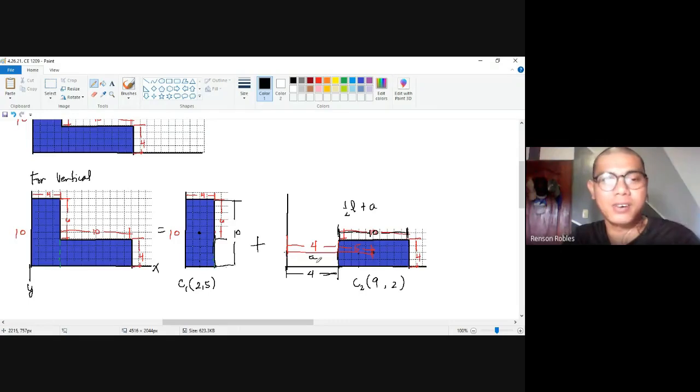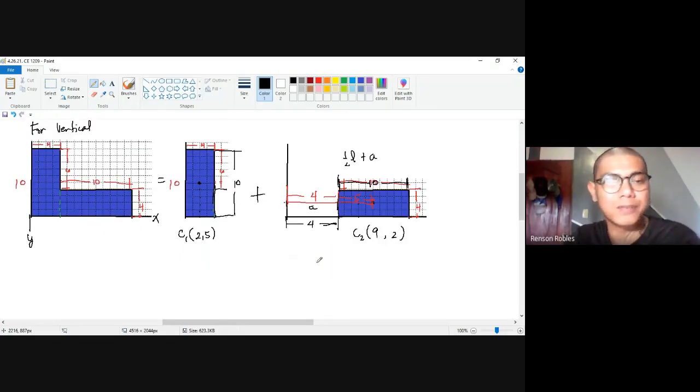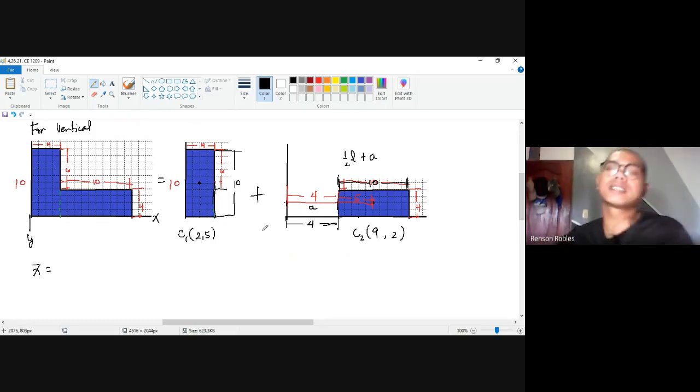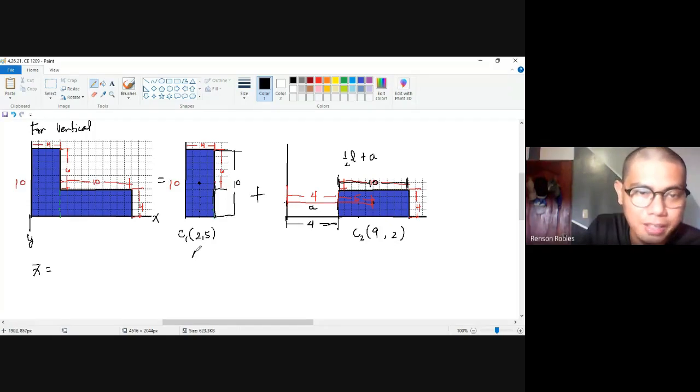Okay. And then now, let us now compute for the centroid. Bar x is equal to, okay, since they're of equal masses, and ang pag-uusapan na natin is area, we have to compute for A1. A1 is 4 times 10, so that's 40.